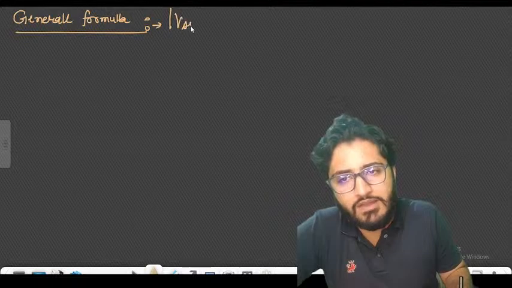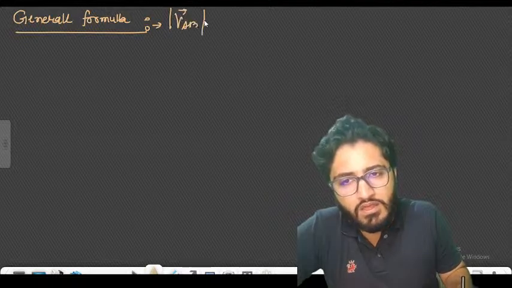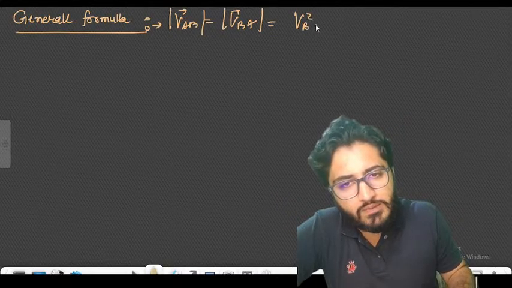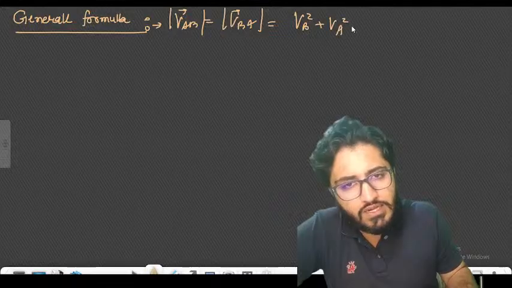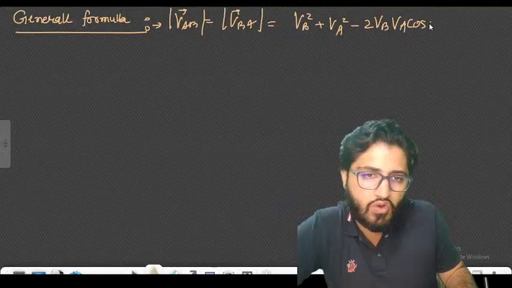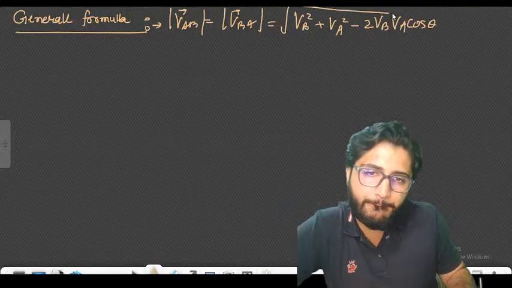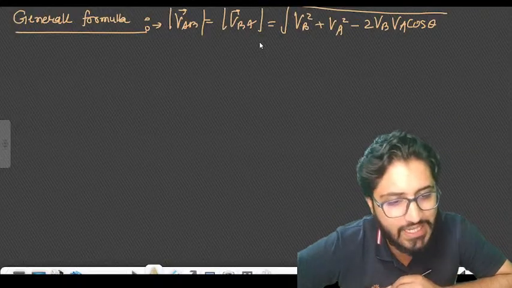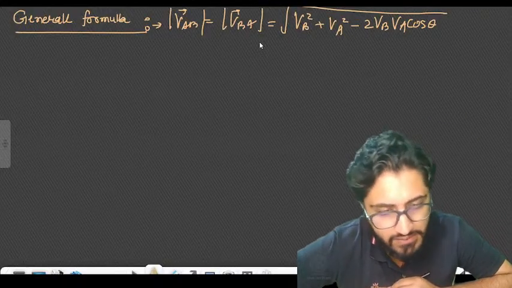VAB equals VBA equals the square root of VB square plus VA square minus 2 VB VA cos theta, where theta is any angle between them.